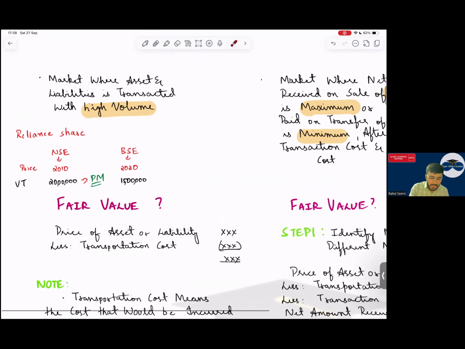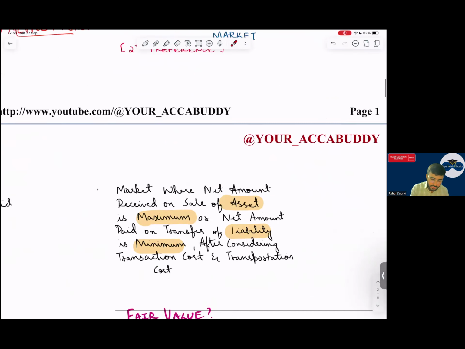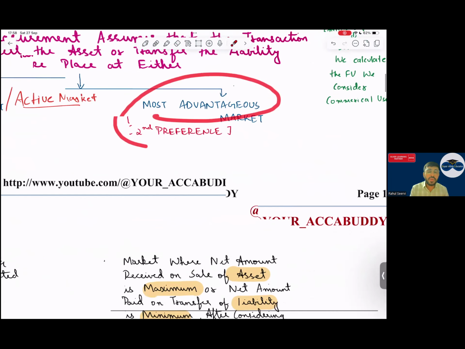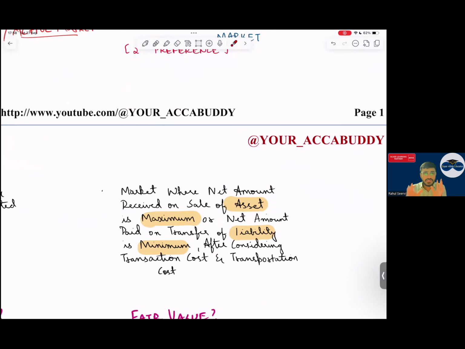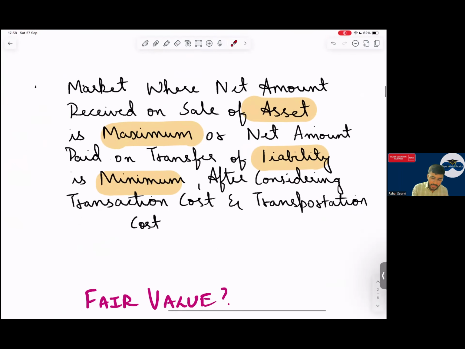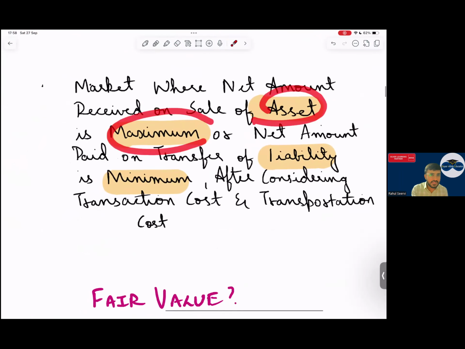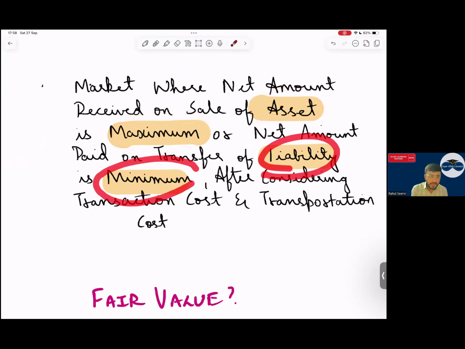Sir, if the principal market is not available, or it is difficult to identify the principal market, then we look to the most advantageous market. When there are 3 to 4 principal markets, it's a confusion for the entity to identify which is the principal market. Then we use the concept of most advantageous market. So most advantageous market, as explained, is where the amount which you get for an asset is maximum, and for a liability, what you pay is the minimum.